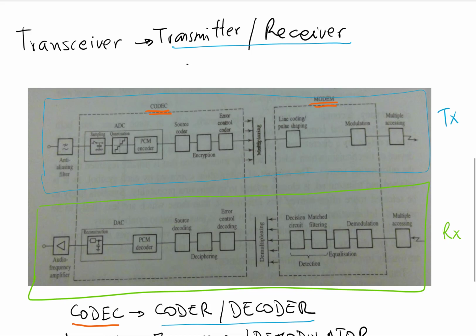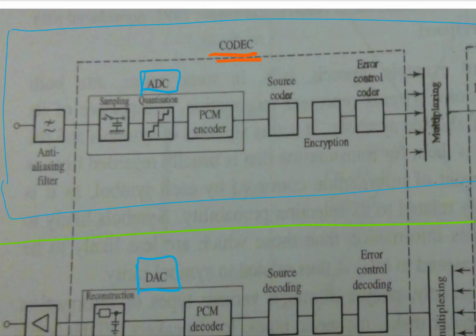A codec, at its simplest, consists of an analog to digital converter. The ADC consists of a sampling circuit, a quantizer, and a pulse code modulator. The sampling circuit provides discrete voltage samples taken at regular intervals of time from the analog signal.